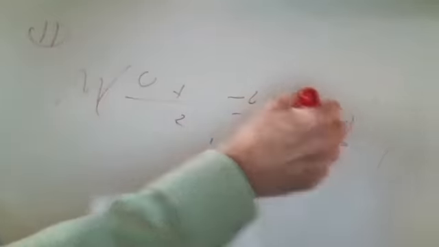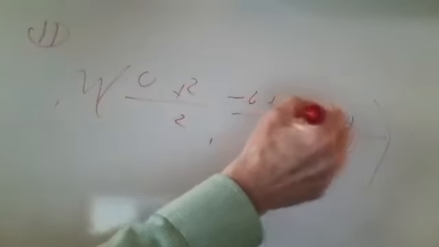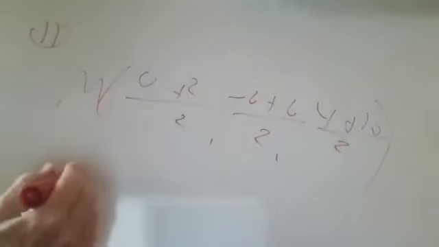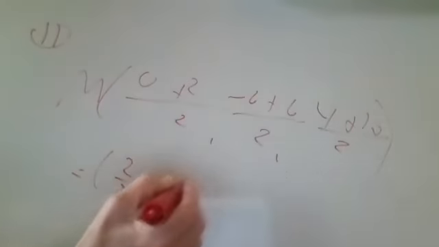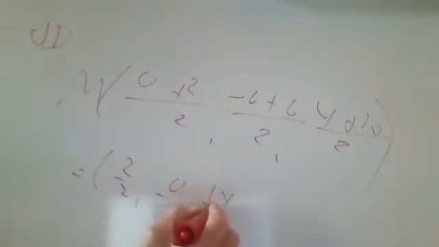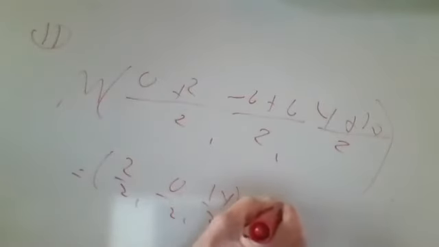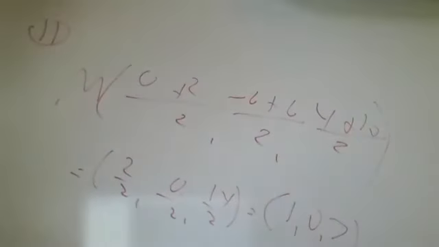And the other point is 2, 6, and 10. So 0 plus 2 is 2 divided by 2. Negative 6 plus 6 is 0 divided by 2. 4 plus 10 is 14 divided by 2. So that's going to be 1, 0, 7. Okay, so 1, 0, 7. Answer A is the midpoint.